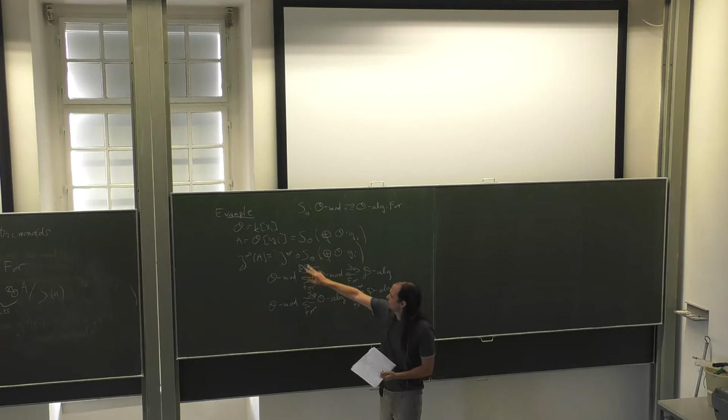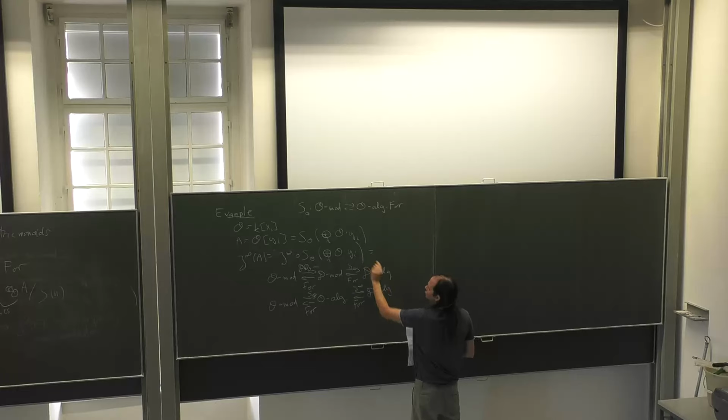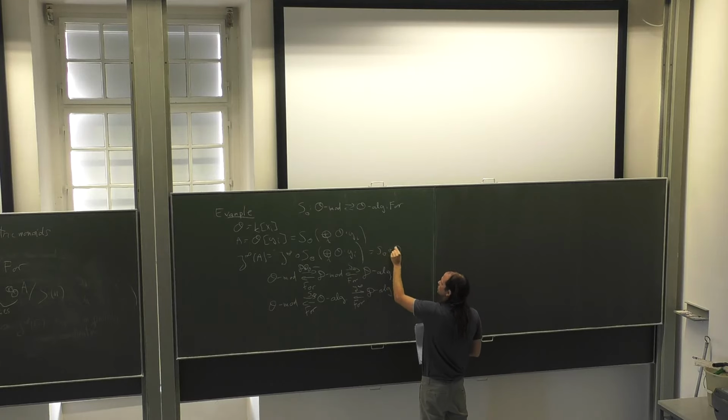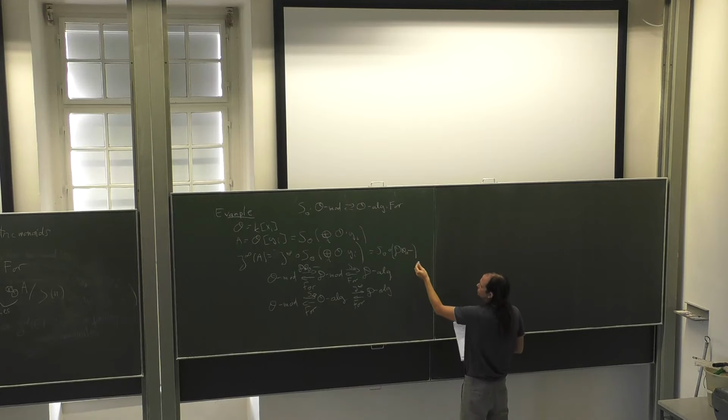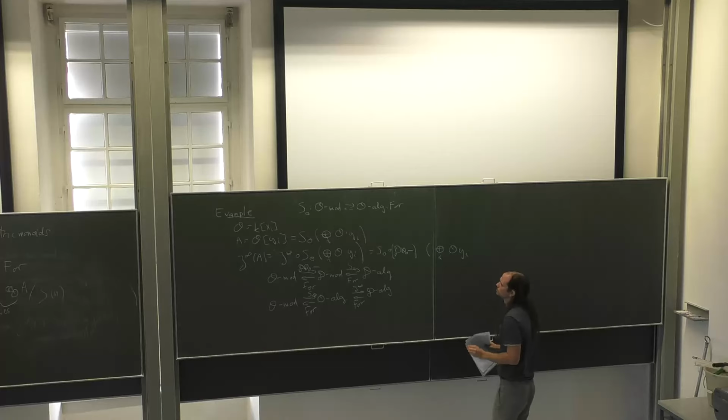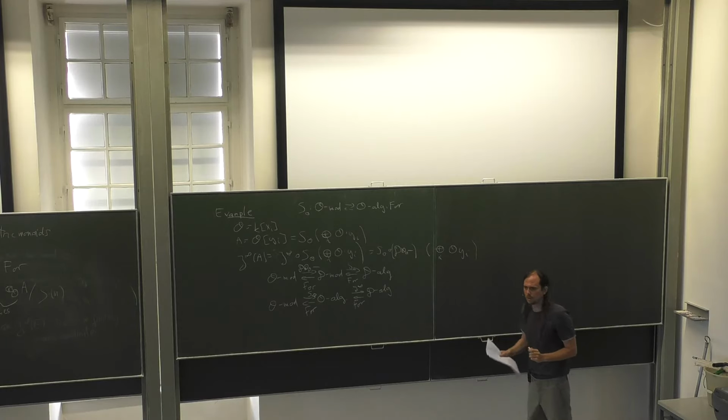But this means that this composition here is the same as the composition over here. So SO composed with the tensor with D over O that acts on the direct sum of O Yi. But then there's something that you know how to compute.